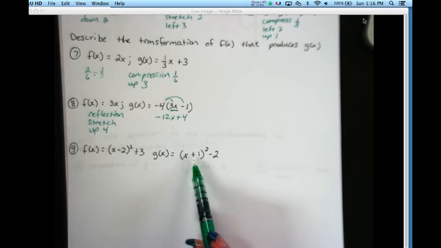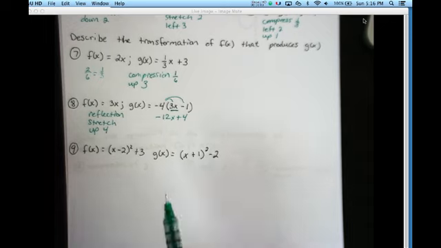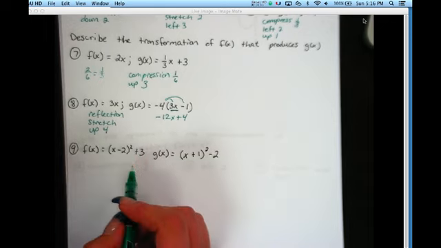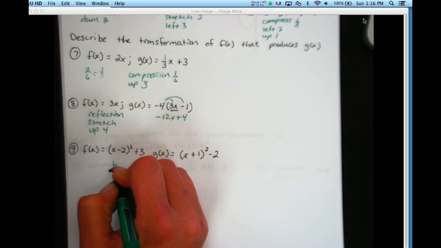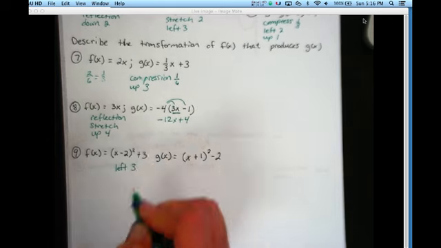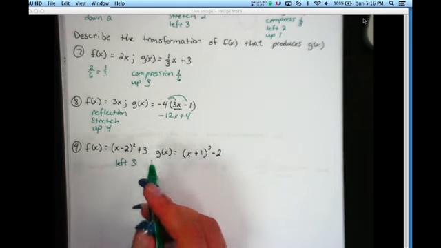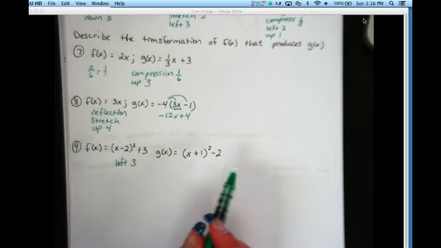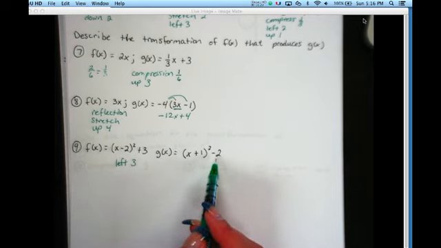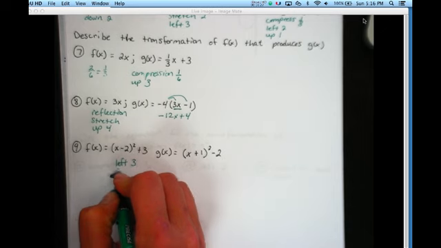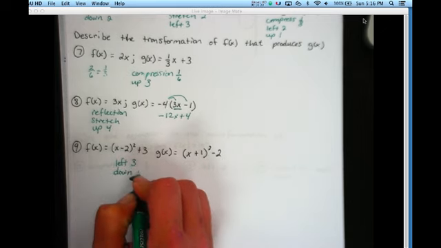So to do that, I would have had to add 3. So since I'm adding 3, we're going to be moving to the left. And then to go from a positive 3 to a negative 2, I would have to go down 5 spaces to get to that. So this would be moving down 5.